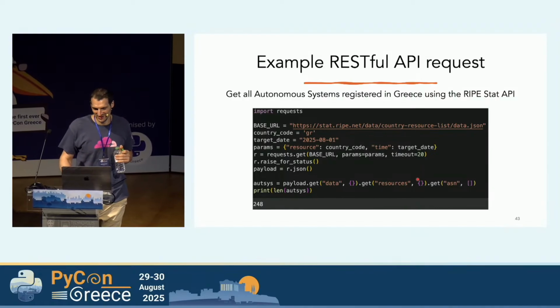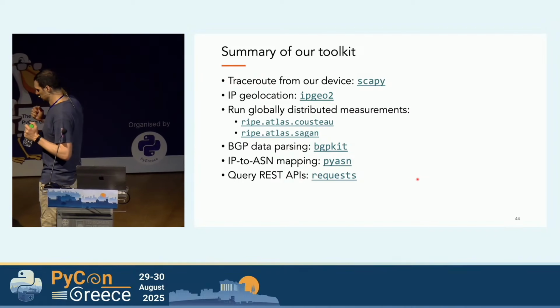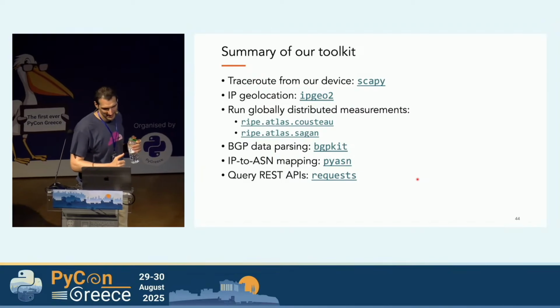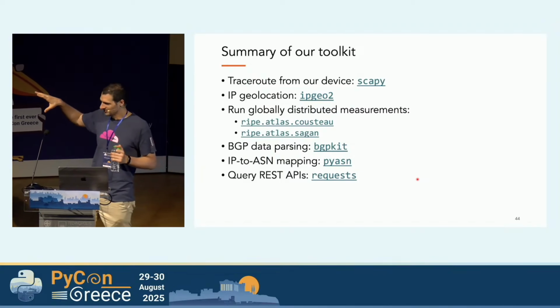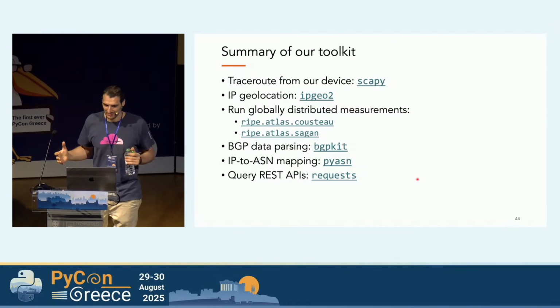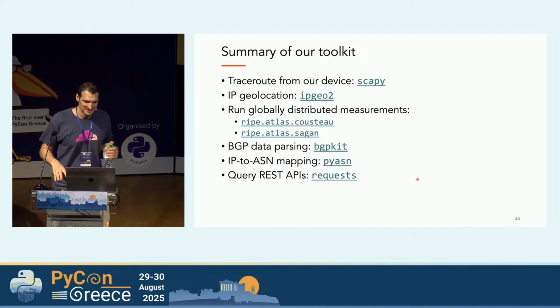Yeah, so I think it's time to land this plane now. Let me summarize what we saw. We saw that we can map the path from our device to a remote server using Scapy. We can geolocate it using IPGeo2. We can run globally distributed measurements with RIPE Atlas.